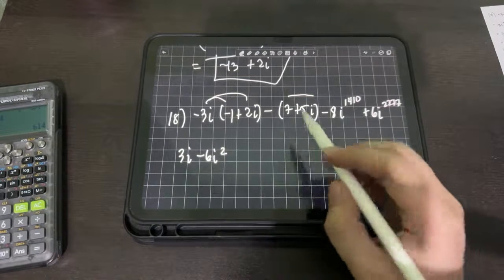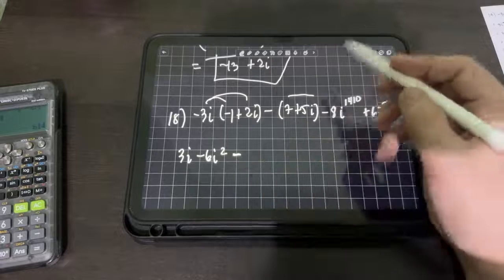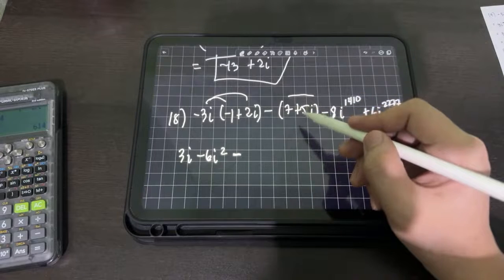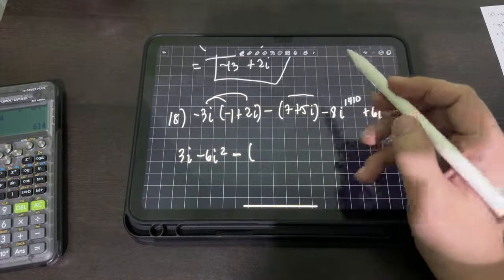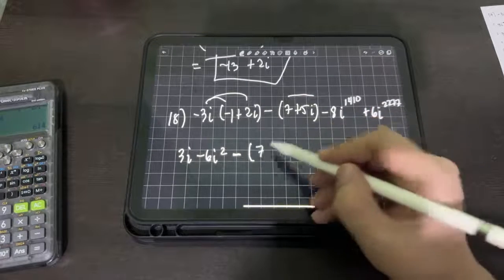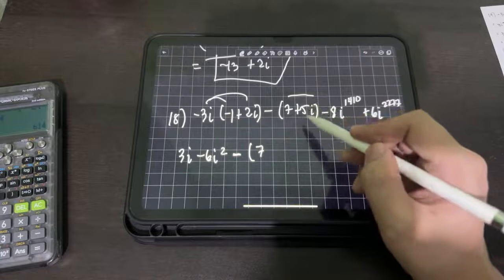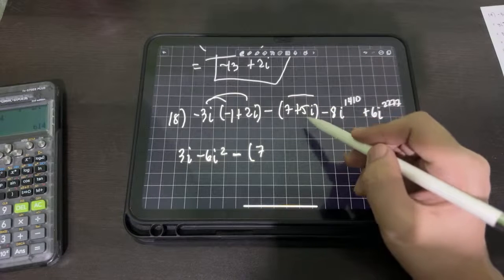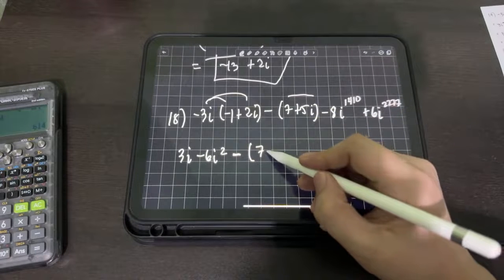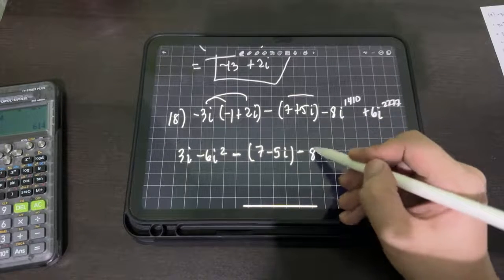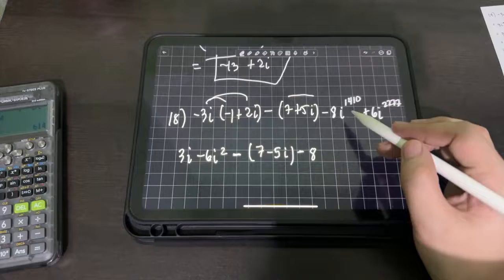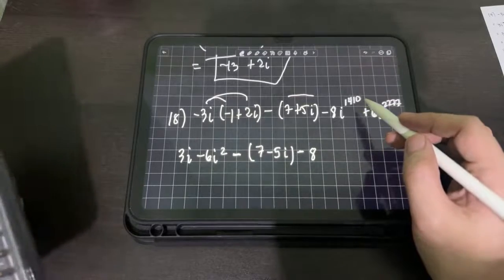Okay. Then minus, we need to get the conjugate of 7 plus 5i. So how to get the conjugate again? Copy the real part, 7. Then get the opposite sign of the imaginary part, positive 5i. Its opposite is negative 5i. Minus 8. So we have power of i raised to 1410.